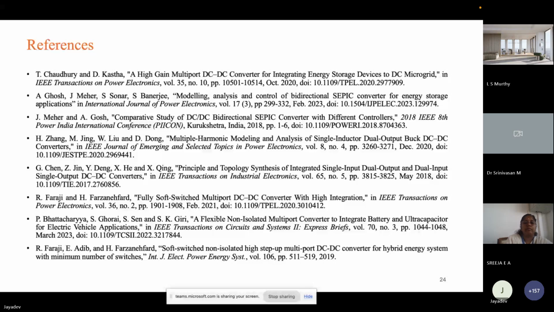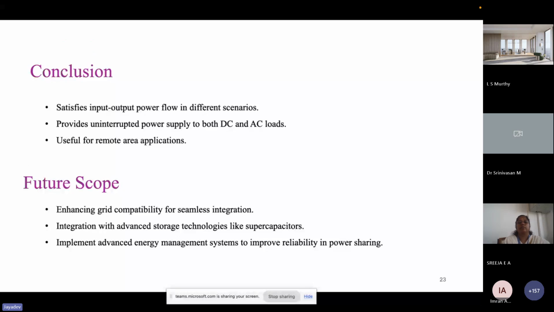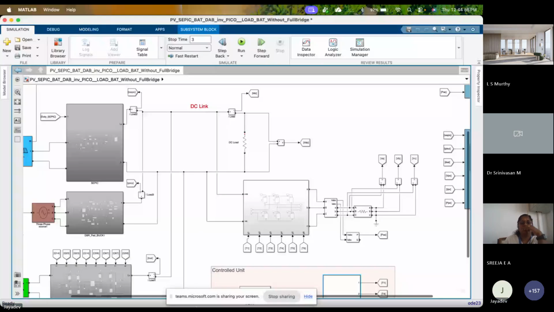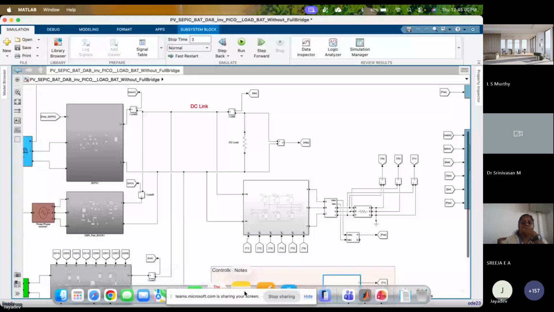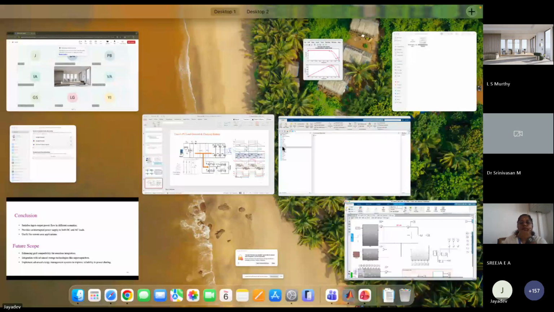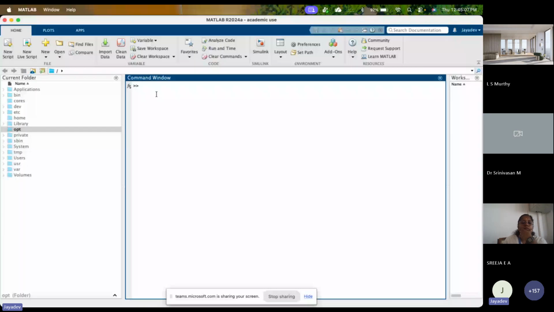And what is the MATLAB SISO tool you mentioned? Yeah, MATLAB SISO tool. I'll show you. You can type SISO tool. Inside, you can give the transfer function of the converter, or you can directly open the window.